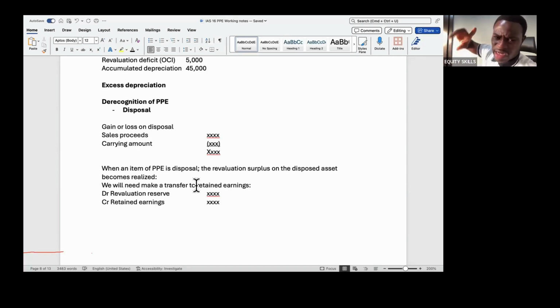Maybe we did this revaluation many years ago, or probably we have been doing it year in, year out, so it has been fluctuating. So how are we choosing the year we sold to recognize that reserve as earnings?